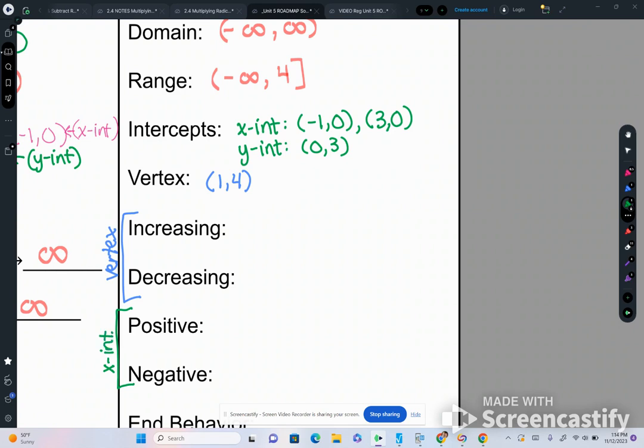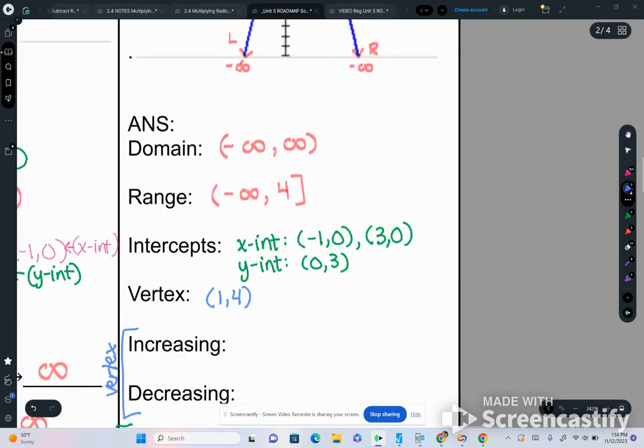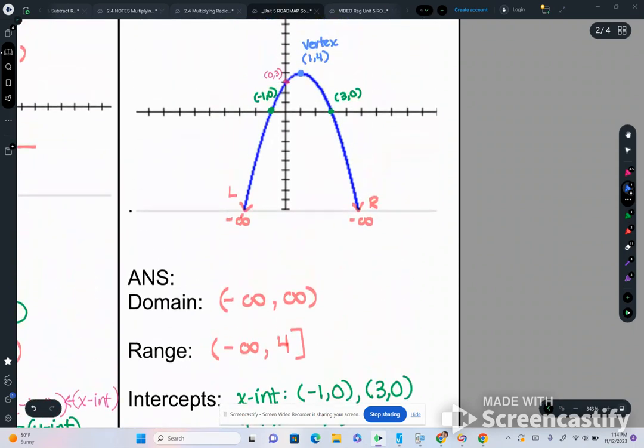As we're looking at increasing and decreasing, basically you just take your pen or pencil and put it on the left endpoint. If I put it on the left endpoint and look to see what's going on, notice that it's going up until I get to that vertex point.